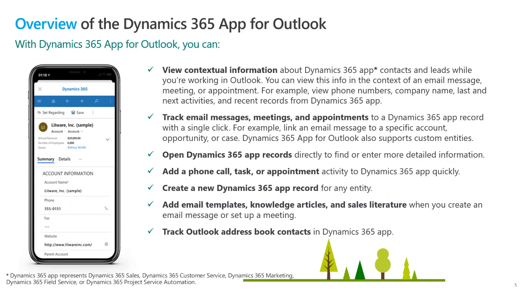You can also use productivity features that help users use email templates, knowledge articles, or sales literature documents configured in Dynamics 365 in new emails, right from Outlook. And last, on the Outlook desktop, you can also track your address book contacts so that your contacts are reflected from Outlook to Dynamics 365, with synchronization in place between the records.